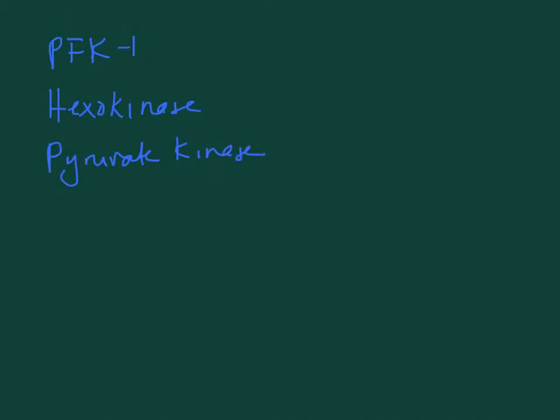I said there were 3 enzymes that are regulated in glycolysis: PFK1, hexokinase, and pyruvate kinase. PFK1 is the gatekeeper. Hexokinase phosphorylates glucose to make glucose 6-phosphate.